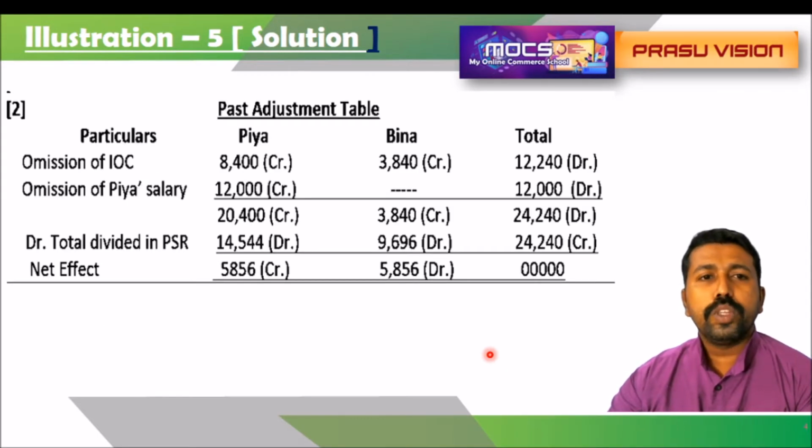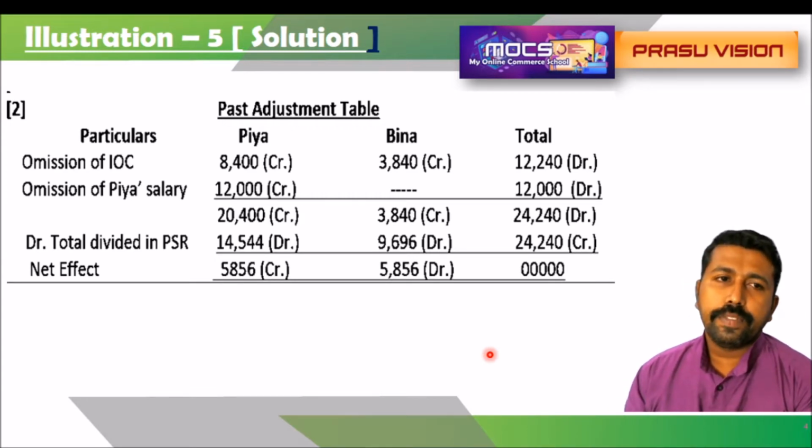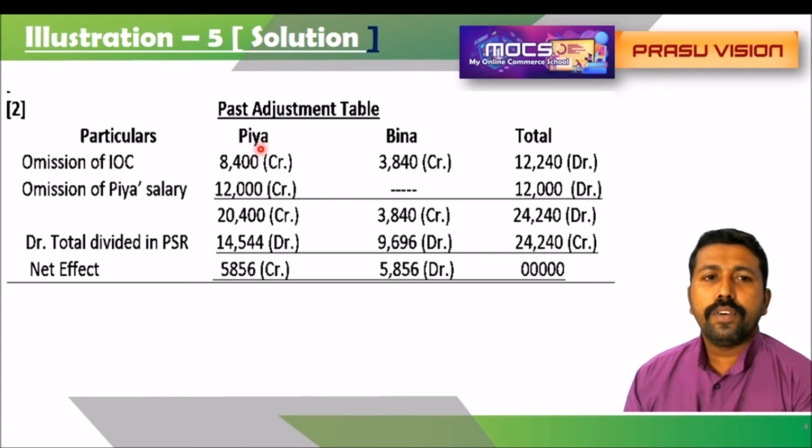Then we have to move to the adjustment table. First we write the omitted item, interest on capital: Priya 8,400 credit, Beena 3,840, and the total will be 12,240. Then Priya's salary, which was 1,000 per month, so 1,000 into 12 for the whole year, 12,000.